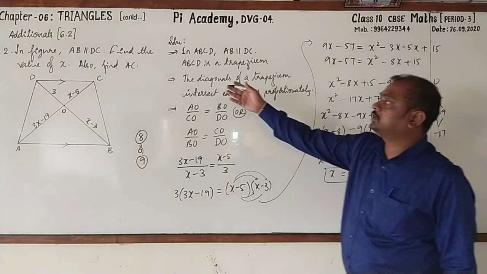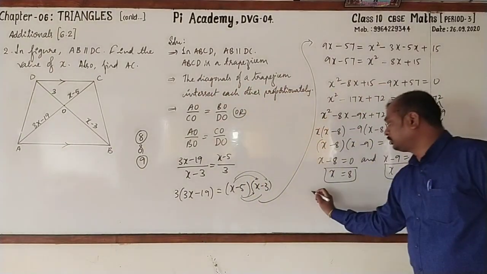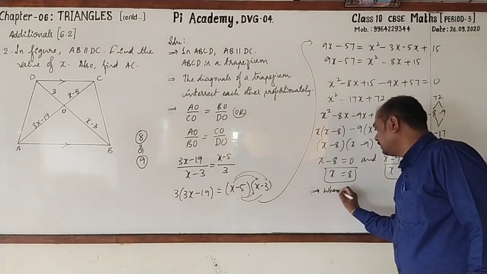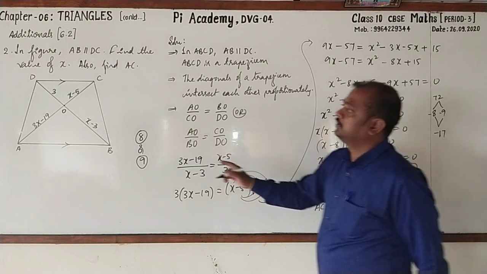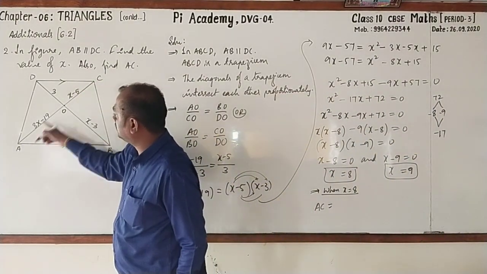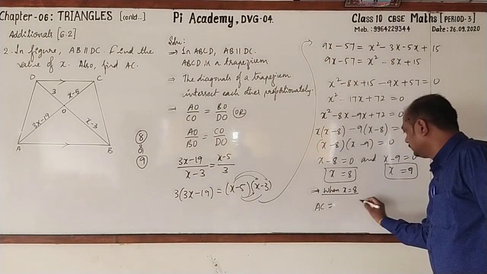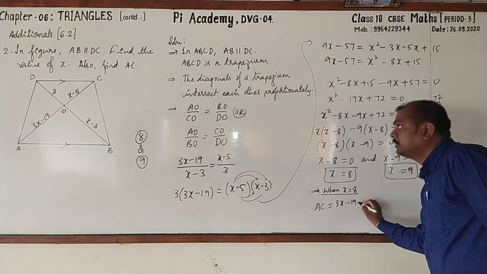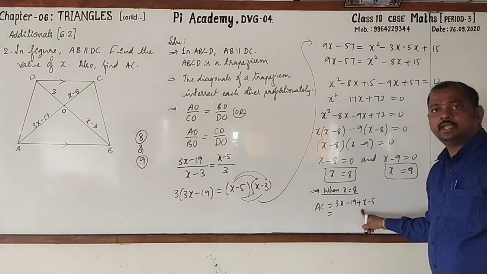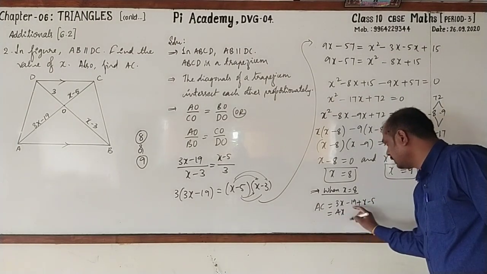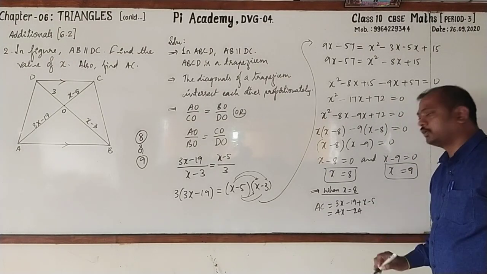Then what will be the diagonal AC? Here also we have two chances. When x equal to 8, then diagonal AC can be written as, look here, AC, it is 3x minus 19 plus x minus 5. 3x plus x, it is 4x. Minus 19 minus 5, minus 24.